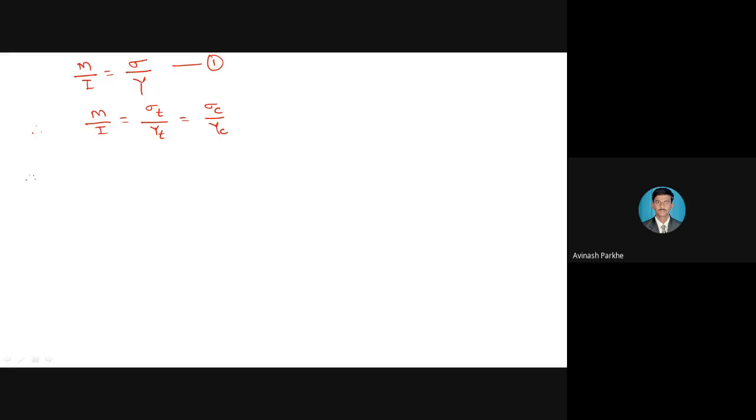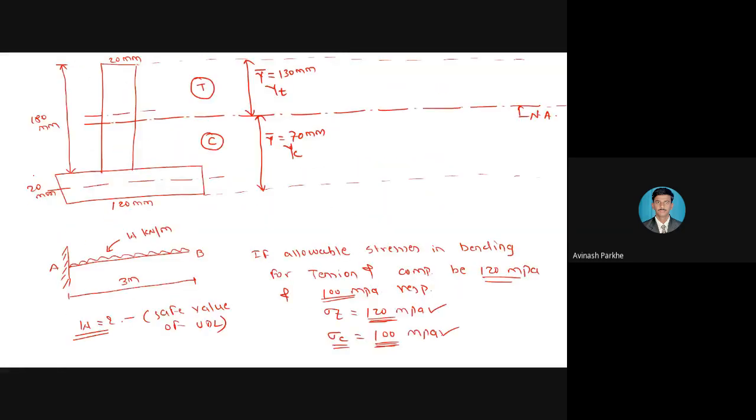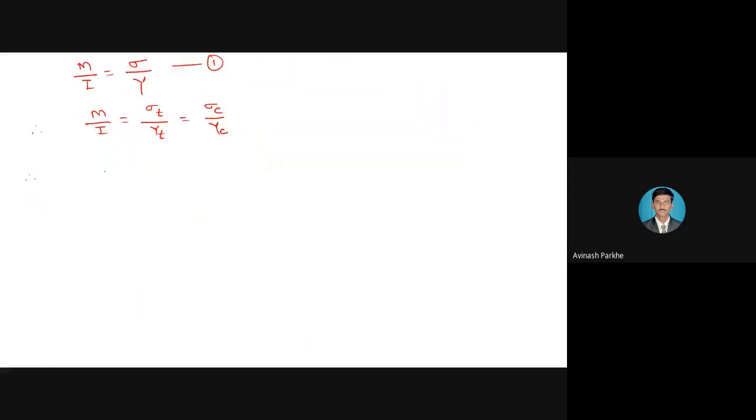Now here I have to check that particular stresses, whether this particular stress is allowed or not. 120 megapascal and 100 megapascal. These are the allowable stresses, and we have to satisfy that particular condition whether they are allowable or not. So for that purpose, we have to check that particular stresses. Let us see. I will take sigma T upon Yt is equal to sigma C upon Yc.